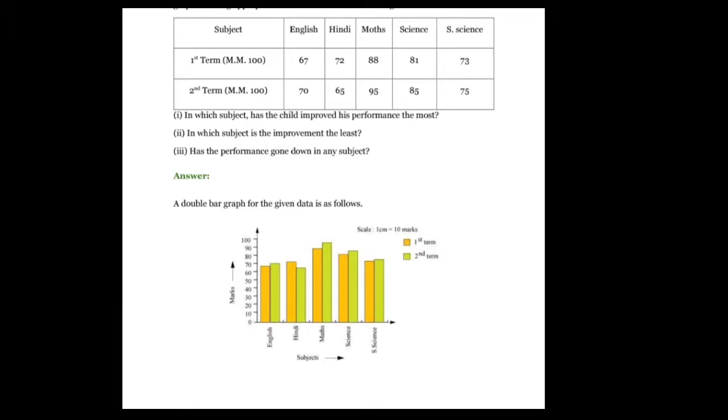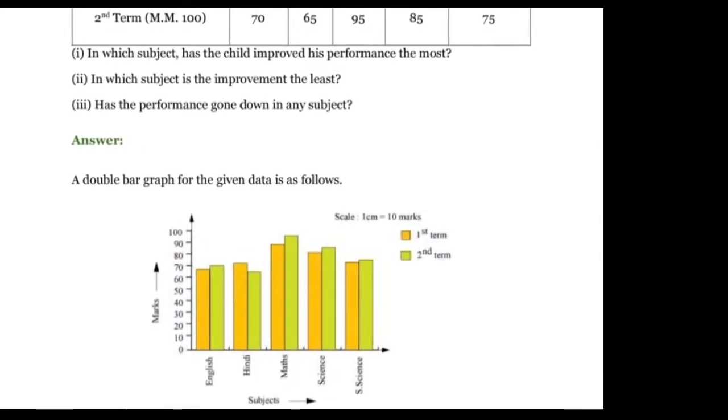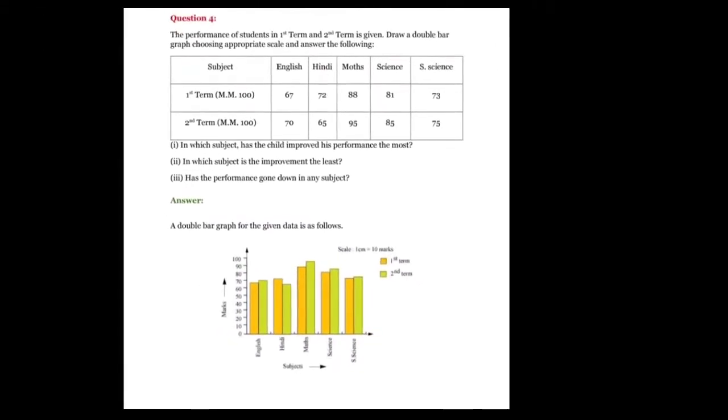Now after that, we can see two types of graph, first term and second term. There are separate figures, and adjoining both the graphs we have to draw.